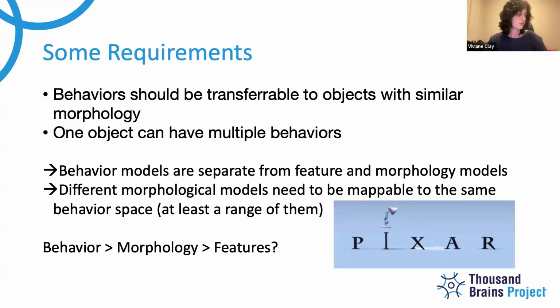Yeah, and when I'm talking about morphology, I basically mean just the model of locations and orientations relative to each other. Right, I know that, but I'm saying you could just replace the word morphology with features and just say we have models, and I define what a model is, and then anything which changes any of its attributes could be considered behavior, or it could be states of the object.